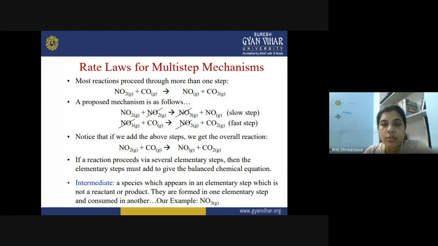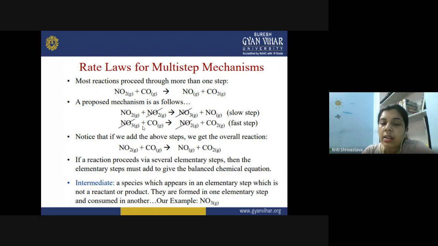Most reactions proceed through more than one step. Generally, because so many molecules are involved in the reaction, with two reactants, they cannot complete the reaction in just a single step. So they usually take place in more than one step. The proposed mechanism for this reaction is NO2 plus NO2 giving NO3 plus NO. This is the slow step.